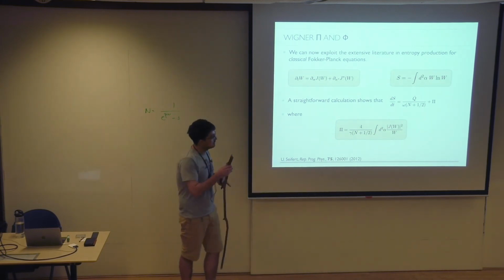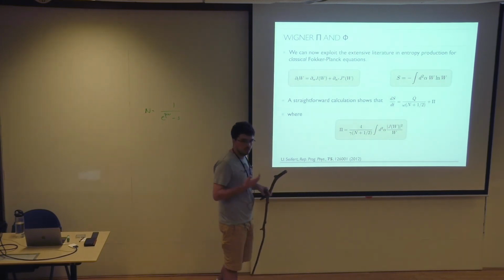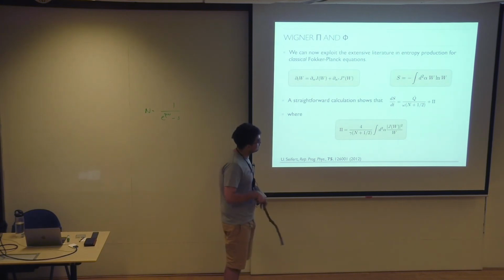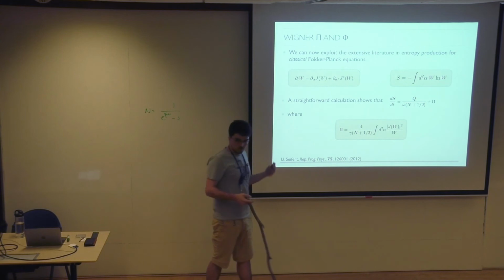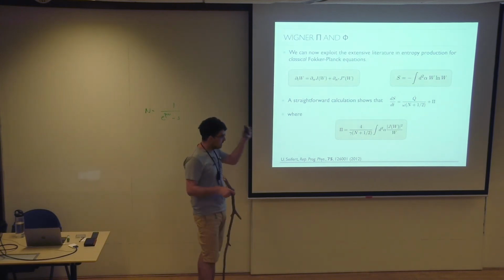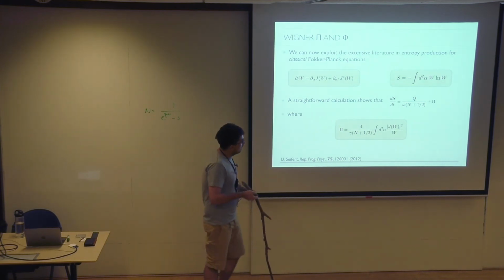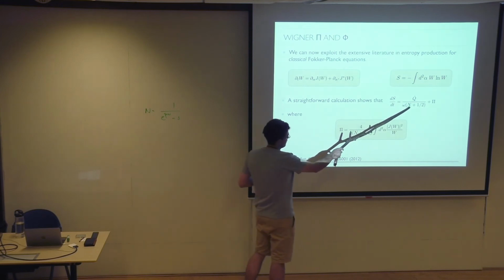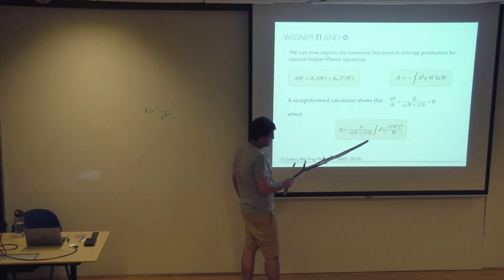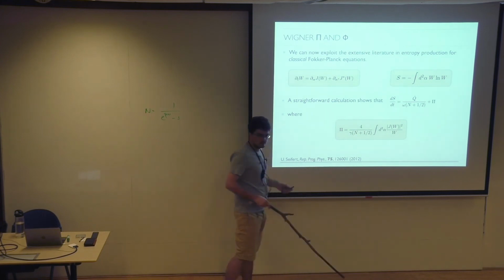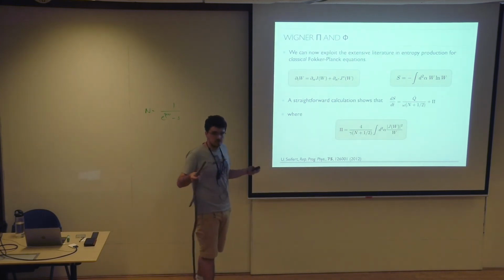And I personally think that these results have quite a pretty physical interpretation. So first of all, you see that this is quite close to what we're used to that I was showing before, where you had heat divided by temperature. And I'll explain a little bit about this more in a second. Also, the entropy production here is directly related to the currents. It's essentially a kind of average of the currents.